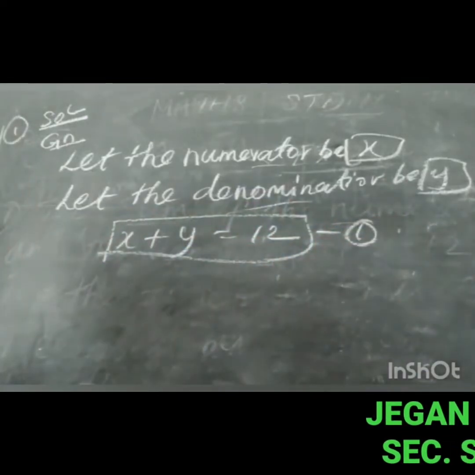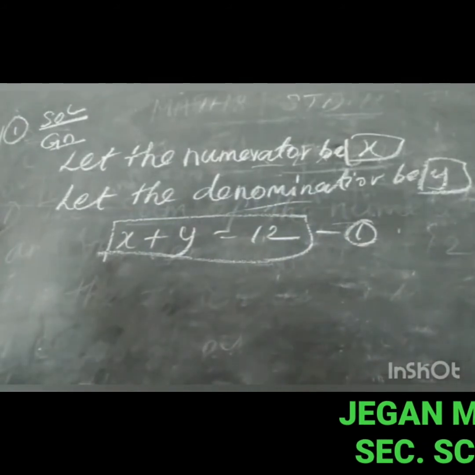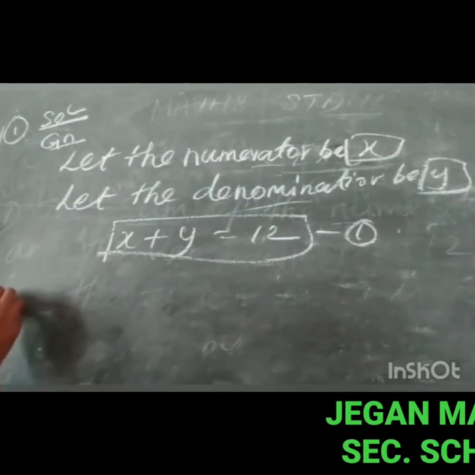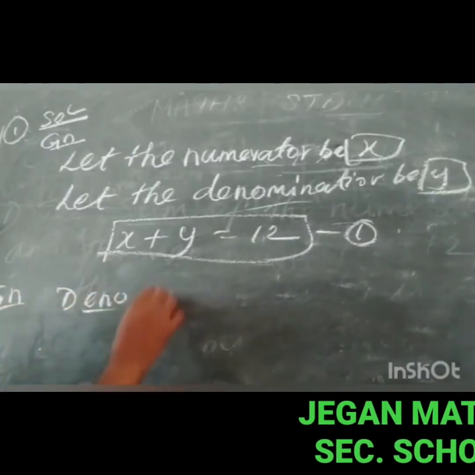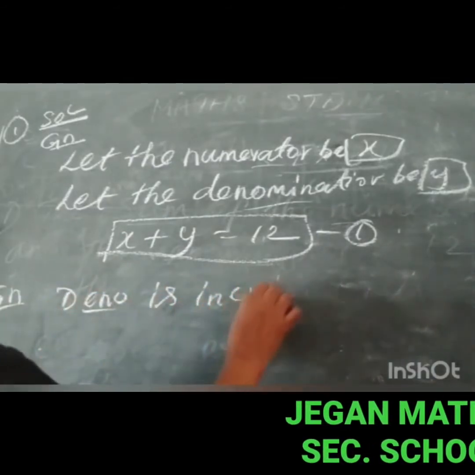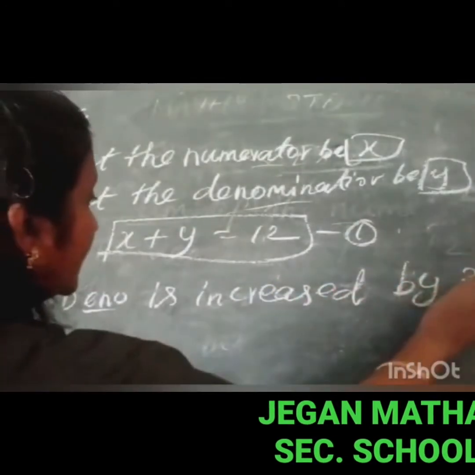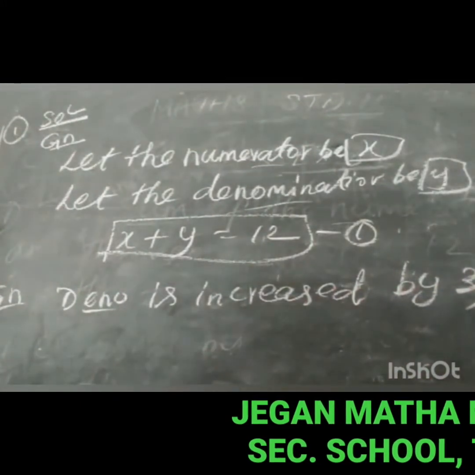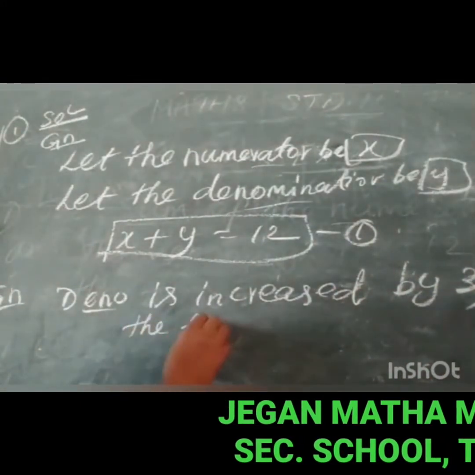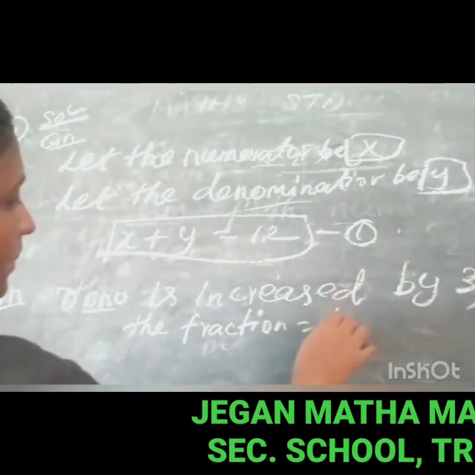See the next information given in the sum: the denominator is increased by 3, okay. The denominator is increased by 3 means then the fraction is what? 1 by 2. Then the fraction becomes 1 by 2.